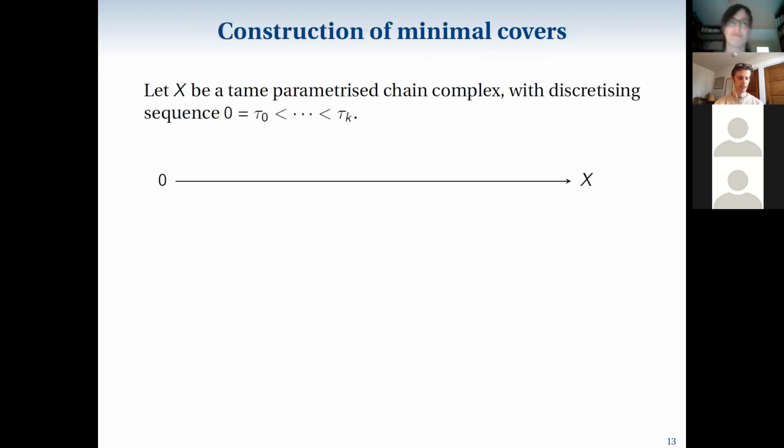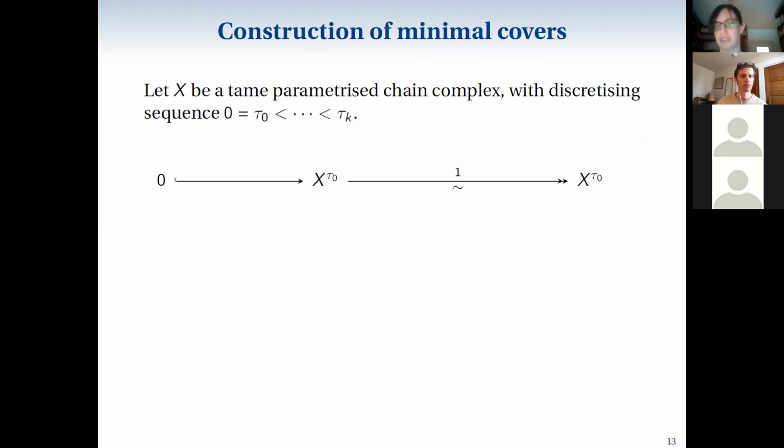Okay, so let's go on. We take an object and the morphism from the 0 object, and we want to find its minimal cover, so its minimal factorization. Let's start along the discretizing sequence and build it step by step. Step 0, I have a chain complex. Chain complexes are nice because all the objects are cofibrant and we have the minimal factorization, which is actually the identity.